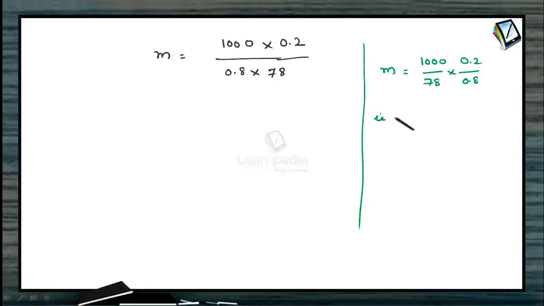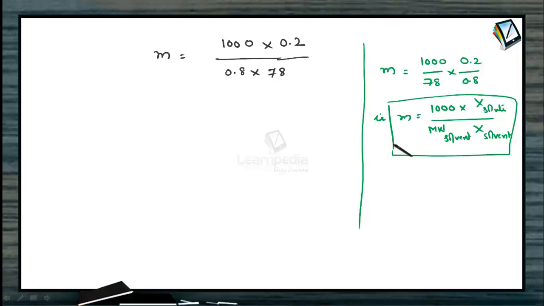That is, molality is equal to 1000 into mole fraction of solute by mole fraction of solvent into molecular weight of solvent. So this is the appropriate formula that can be directly used in solving this.